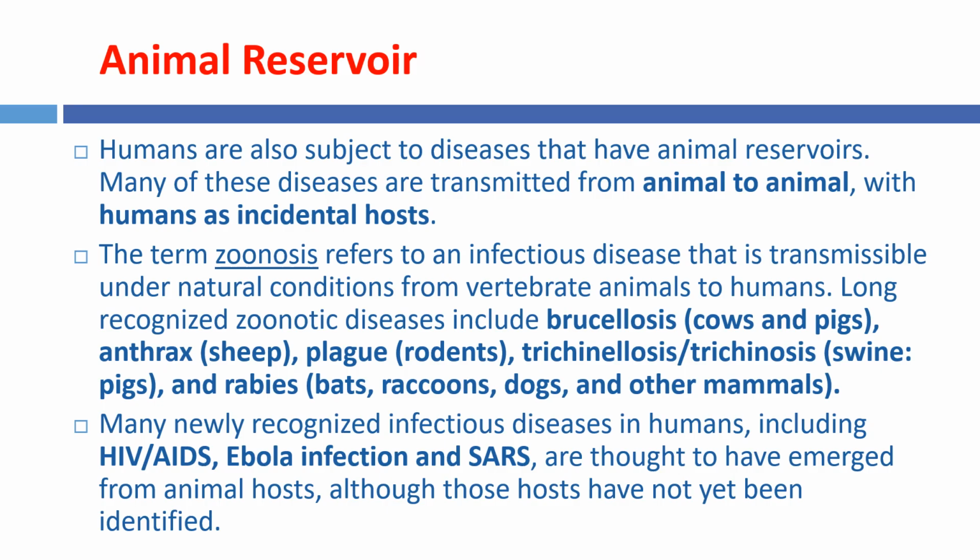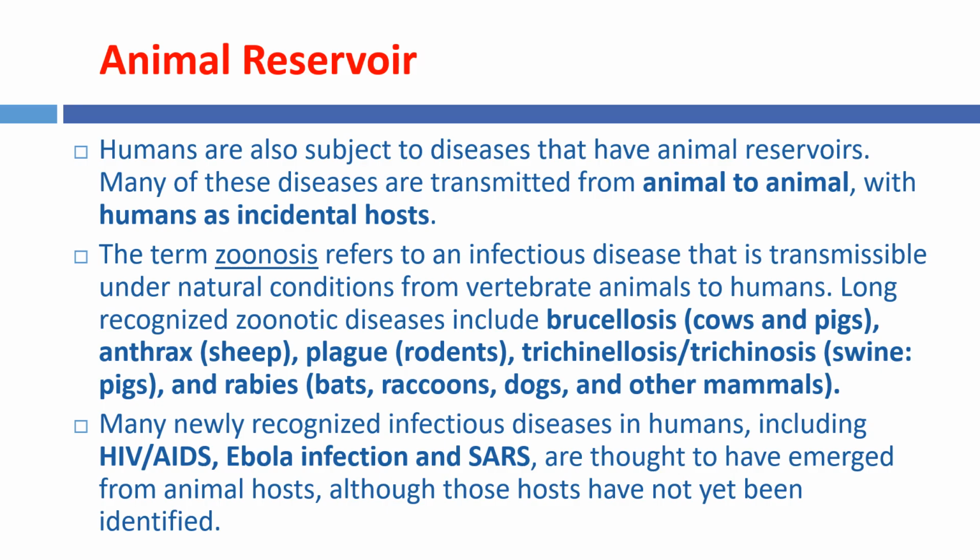Animal reservoirs. Humans are also subject to diseases that have animal reservoirs. Many of these diseases are transmitted from animal to animal with humans as incidental hosts, if humans come into contact with these animals. The term zoonosis refers to an infectious disease that is transmissible under natural conditions from vertebrate animals to humans.